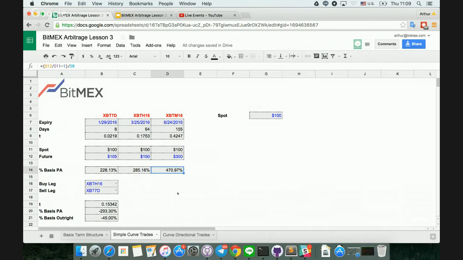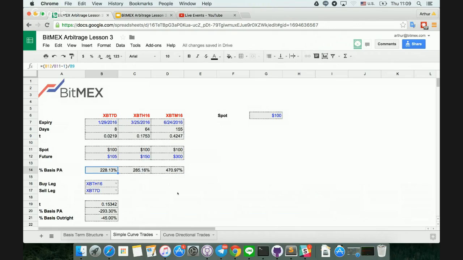Well, if we know we can make almost 500% on an annualized basis by selling the June contract, we want to buy something cheaper in terms of percentage basis per annum so that we can earn the difference. Because as I said before, we're not interested in taking outright positions on the price of Bitcoin, but only trading the differences in the curve.